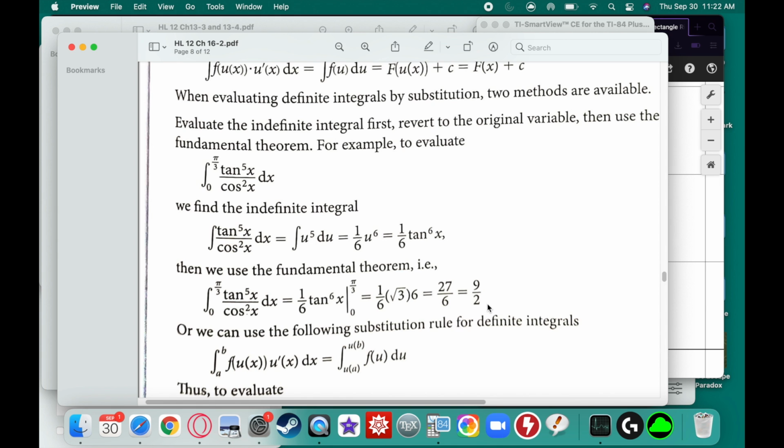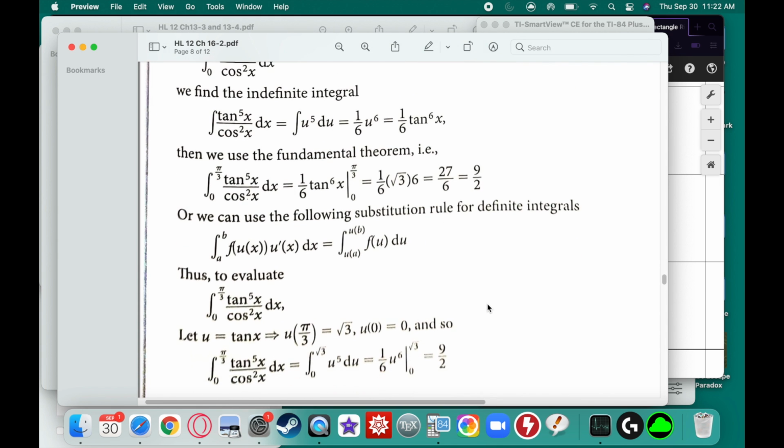Great. They do it another way here, where they actually substitute pi over 3 and 0 into the integral. I've seen some professors do this. You can do it this way too. What they do is they say let u equal tangent of x. Now if we evaluate u at pi over 3, then pi over 3 is just going to become the square root of 3. And if you evaluate it as 0, you're going to get 0.